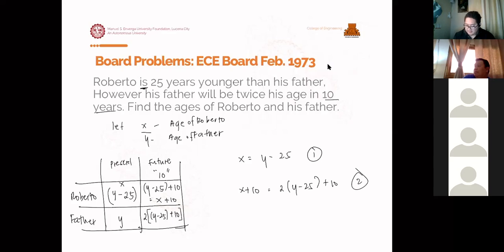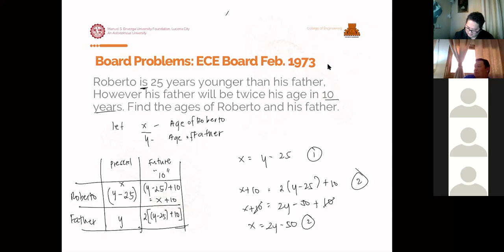So simplify natin yung second equation. X plus 10 is equals to 2y minus 25, minus 50. Age ni Roberto, 15, plus 10. Cancel out yung 10. So we have x is equals to 2y minus 50. So meron tayong two equations, two unknown. So gamitin natin, find the ages of the boys.